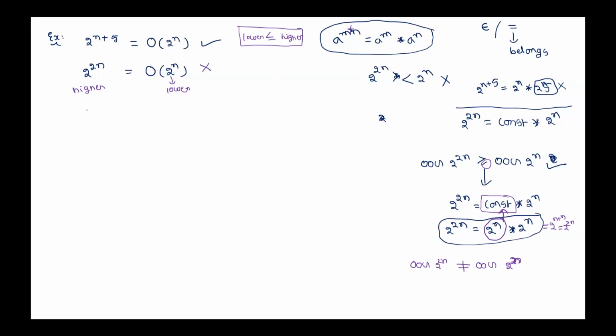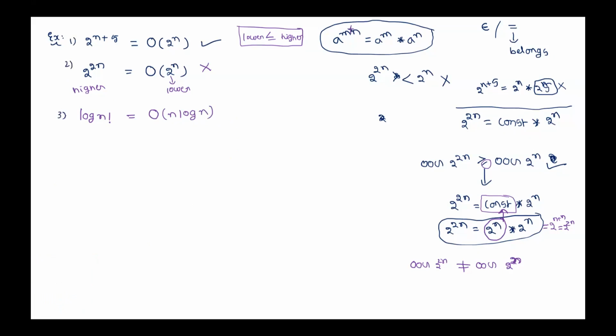Okay, now let us take one example. Log n factorial is big O of n log n. Is this true or false? Log n factorial is big O of n log n.